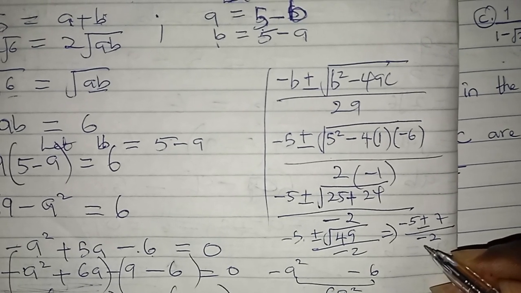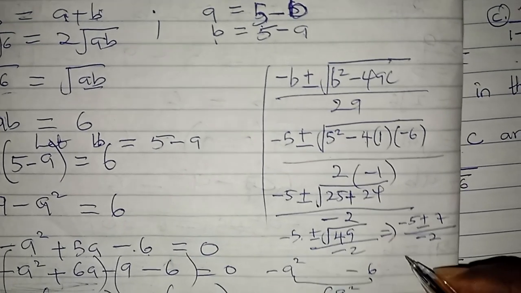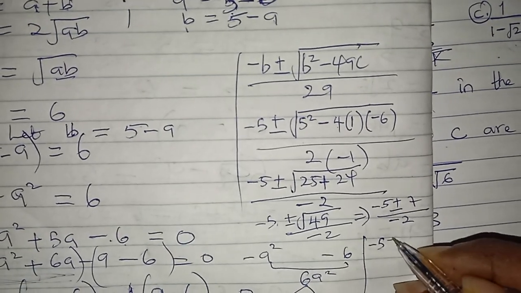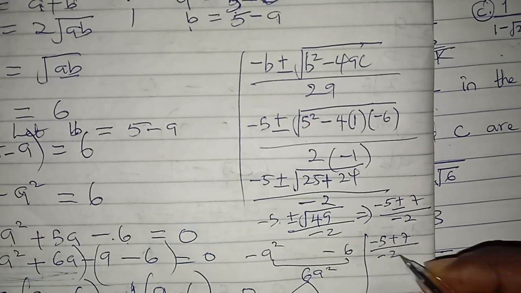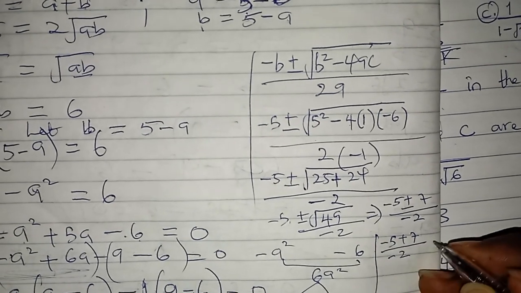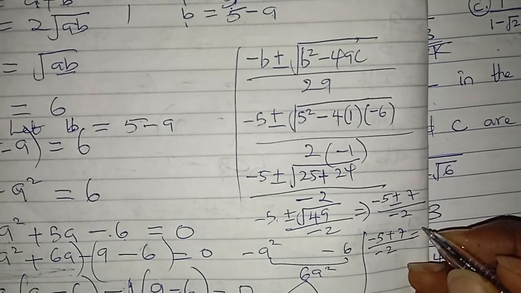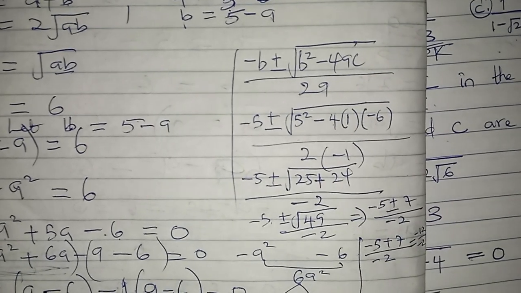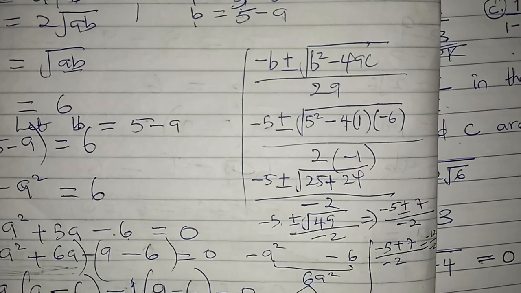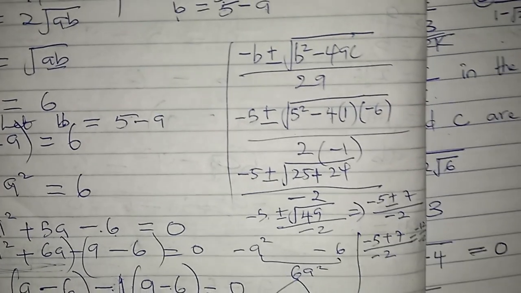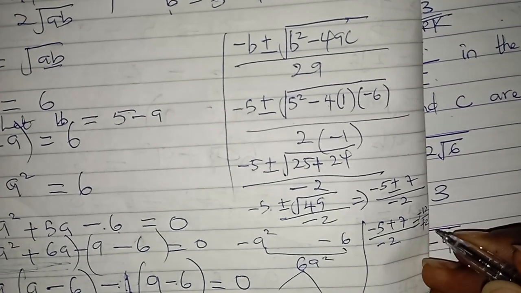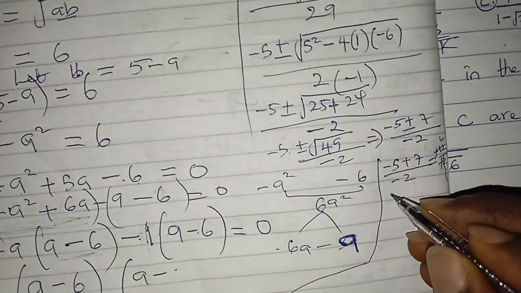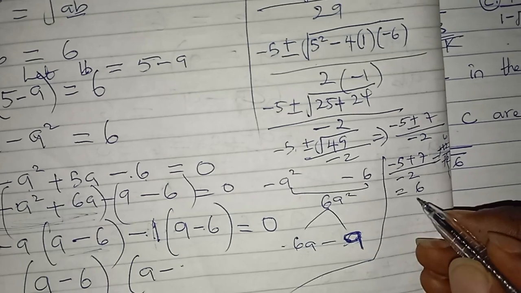So I can see very well that this is the same thing as saying minus 5 plus 7 all over minus 2, which is the same thing as saying minus 12 over minus 2, which gives me 6.